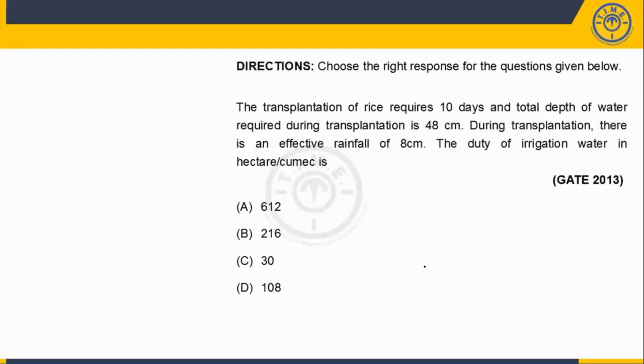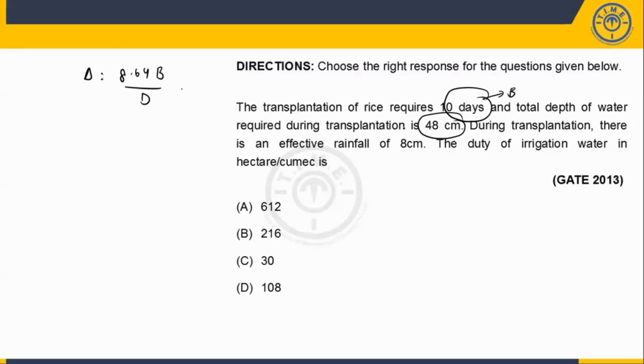Let's do this. Transplantation of rice required 10 days and total depth of water required is given, with delta equal to 8.64 B by D. Transplantation requires how many days? 10 days. That is base period.